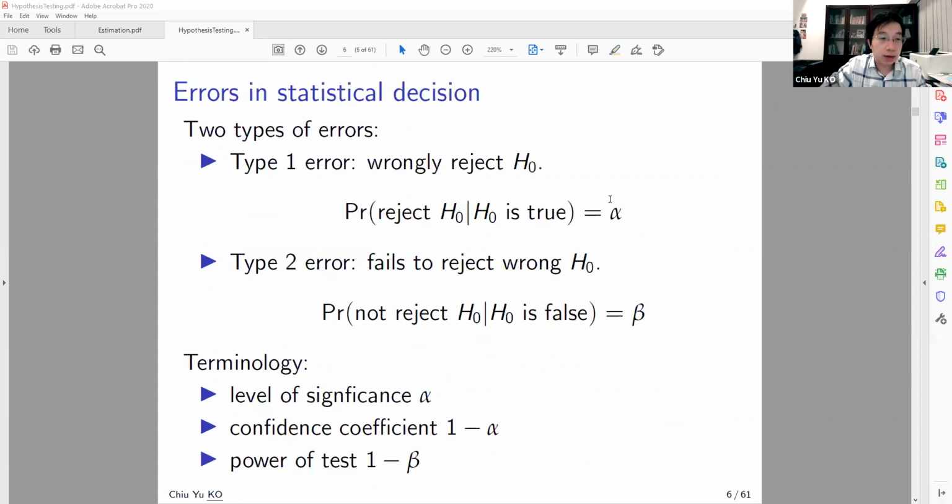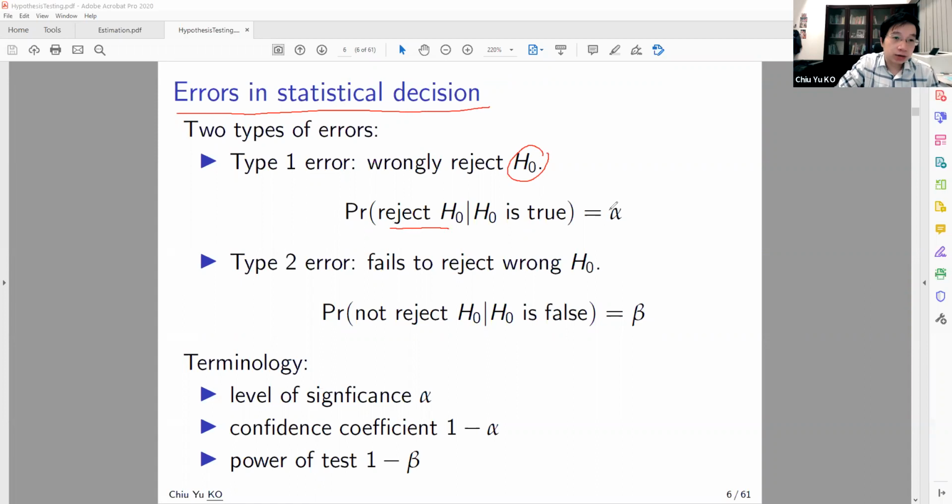And the next step is, when we make a decision in statistics, there are two types of error in general. If the null is true, and you still reject it, the reason is that we are doing random sampling, and the randomness will also lead to the problem.